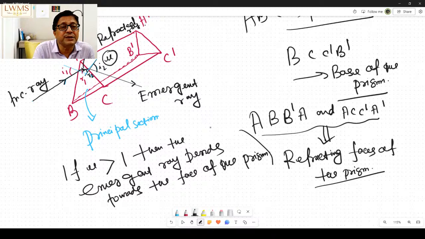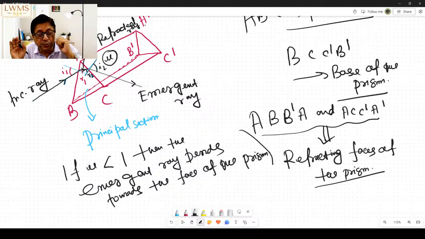The face of the prism is AC, C dashed, A dashed. It will bend to, sorry, I am wrong. If mu is less than 1, it will happen. It will not go towards the base. If mu is less than 1, then the emergent ray bends towards the face of the prism.